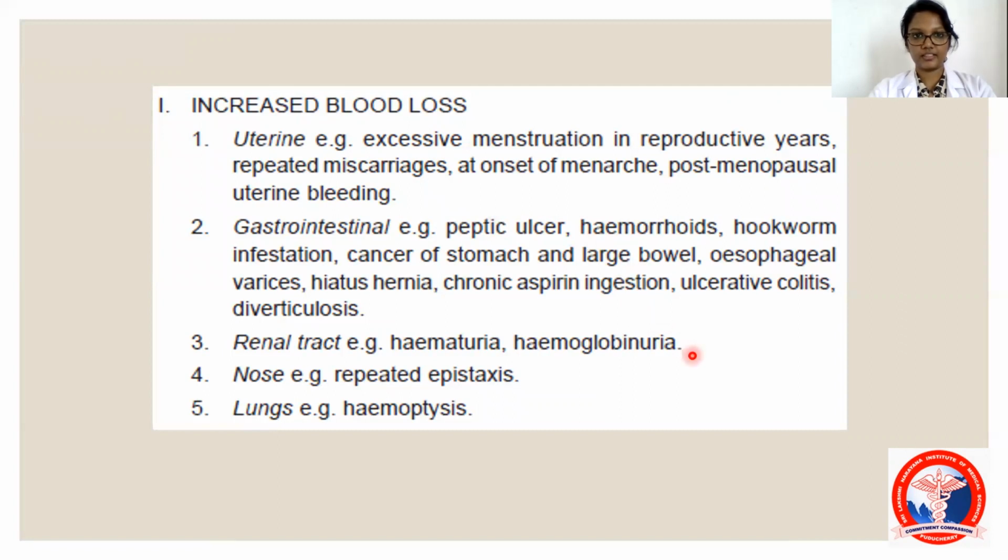Other causes are GI causes like peptic ulcer, hemorrhoids, hookworm infestation, cancer of the stomach and large bowel, esophageal varices, and other conditions like that. Renal causes can be due to hematuria or hemoglobinuria, or repeated epistaxis, or it can be due to hemoptysis.